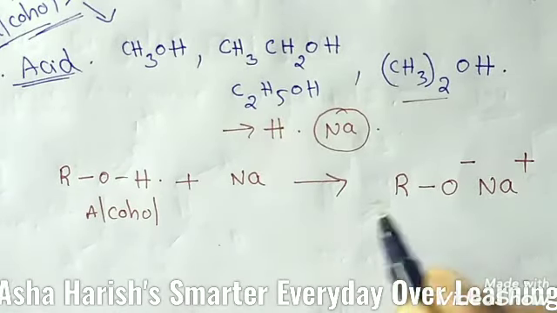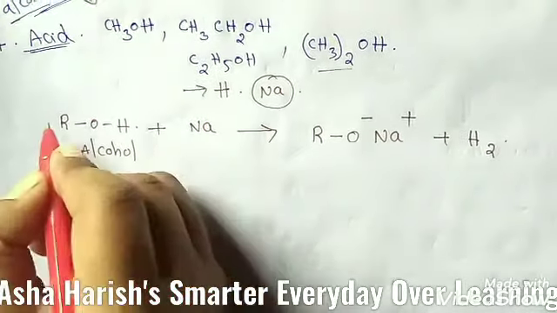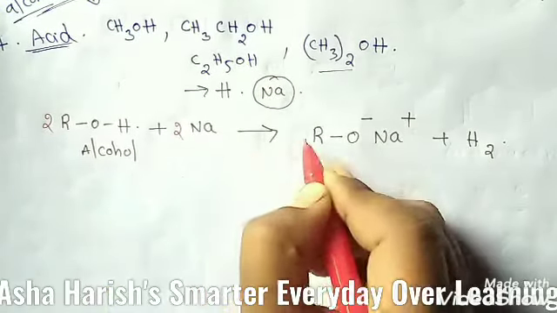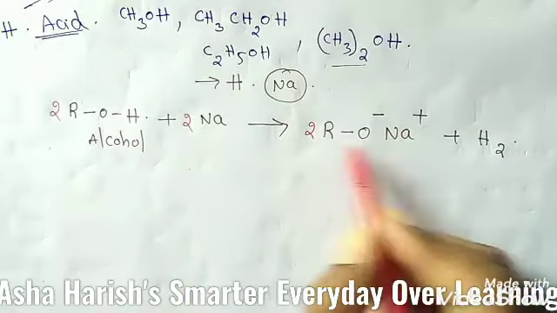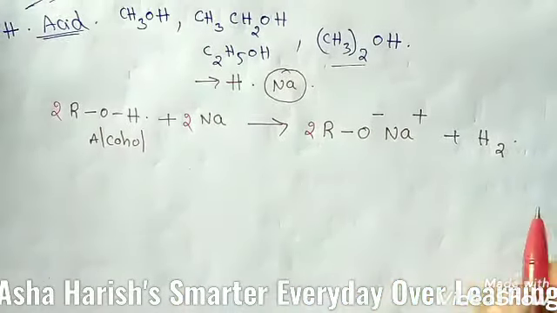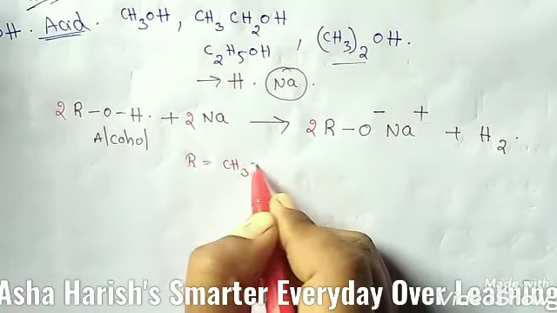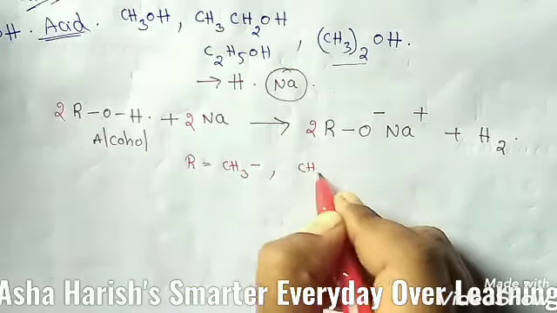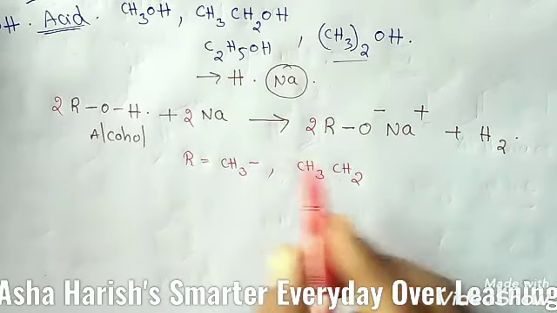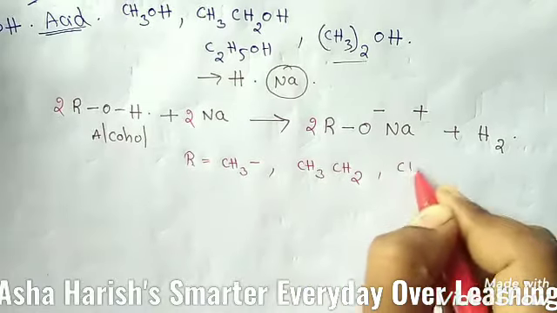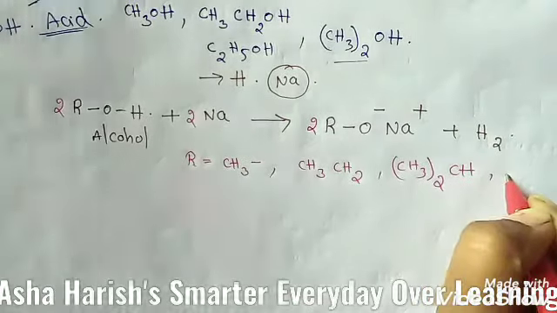For balancing this chemical equation, you need to take 2 here and 2 here, and 2 sodium atoms here and also 2 on the other side. In the place of R you can take CH3, or CH3CH2, methyl or ethyl group, any one. And as I told you previously, dimethyl also you can take here, etc.